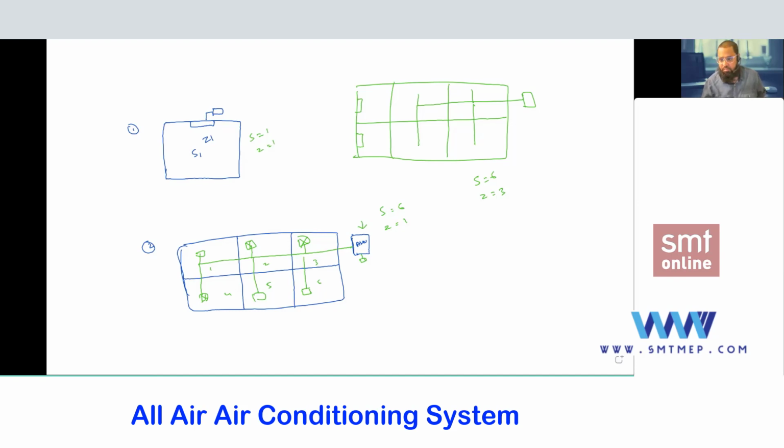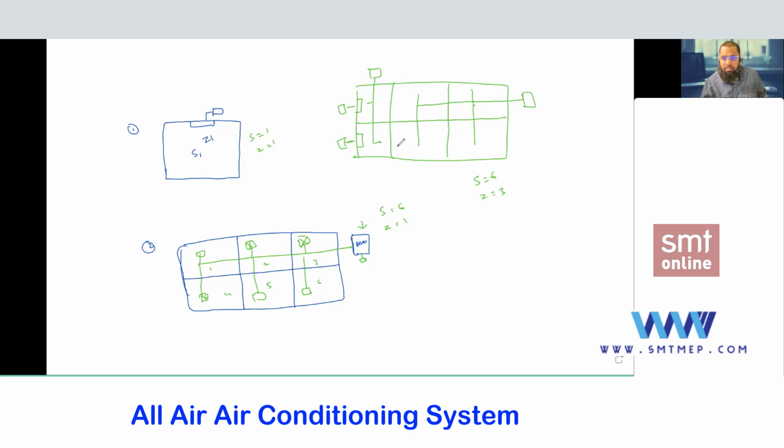Sir, in the third case, you have a separate split AC for two spaces, right? Mm-hmm. So in that case, if you supply with a single AHU, both, like, at that time the zone will be two zones. No, one zone. Suppose I connect with this single AHU, you can consider this as one zone only.